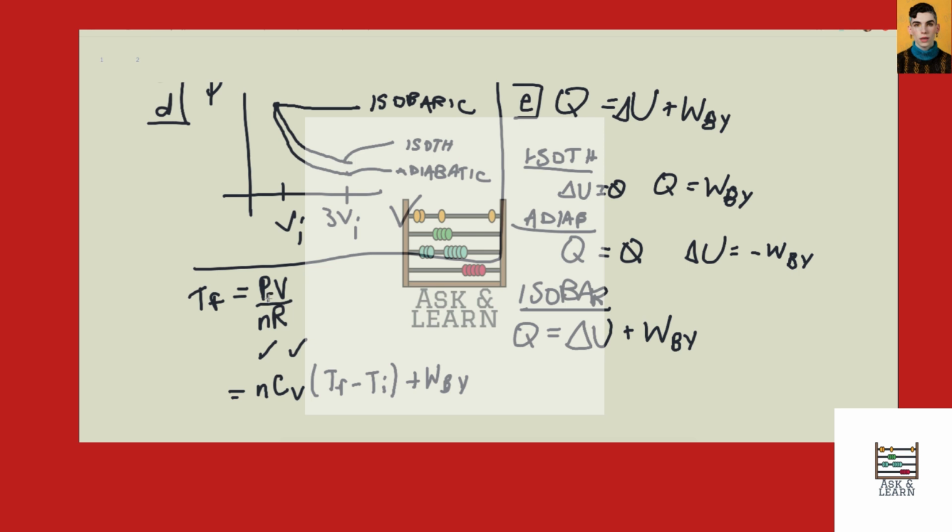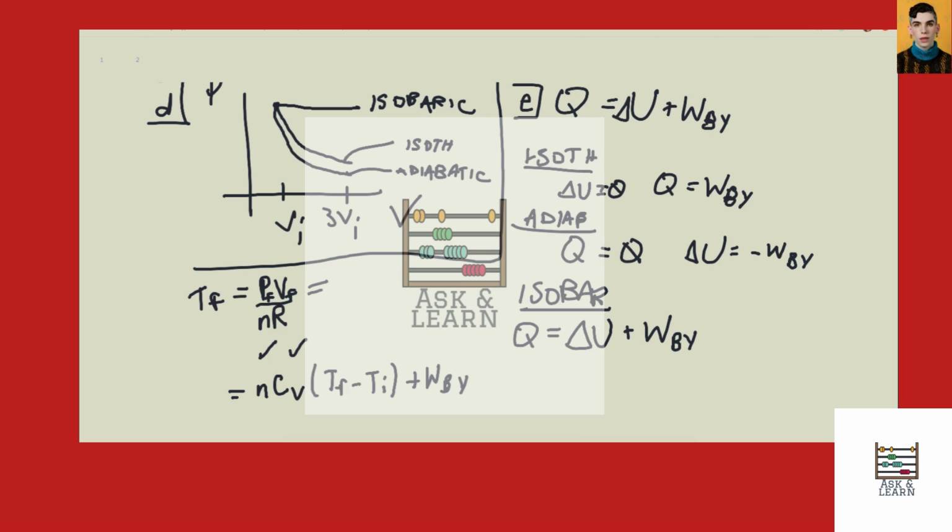So T final is P final times V final, and P final is equal to P initial. P final is P initial, V final is 3 V initial, divided by nR. And great, so it looks like the n's are going to cancel. I might just go ahead and calculate this instead of trying to do some algebra. So give me one second and I will calculate that.